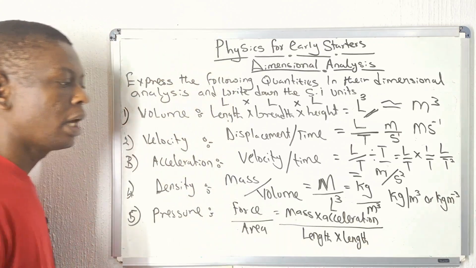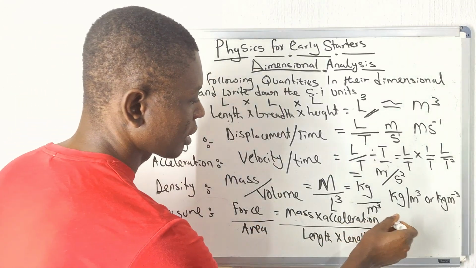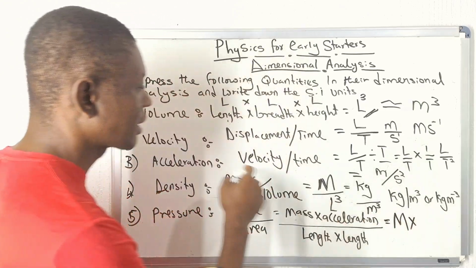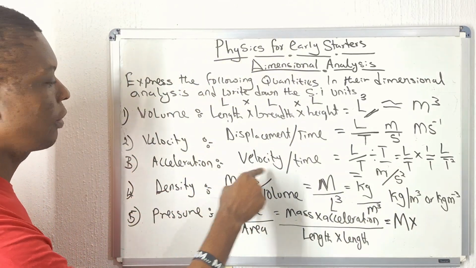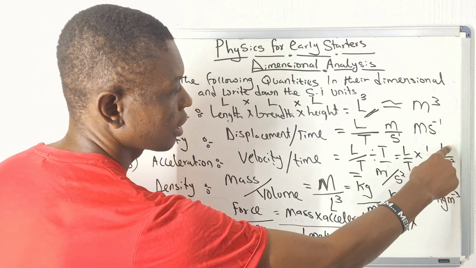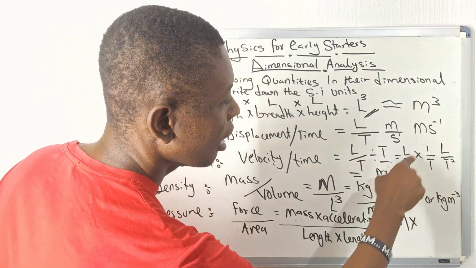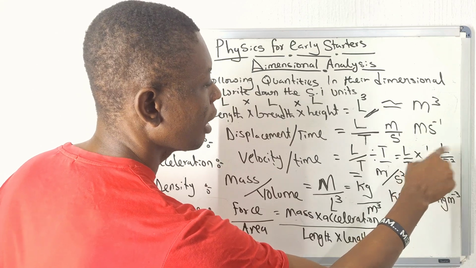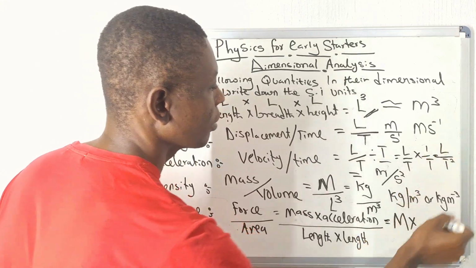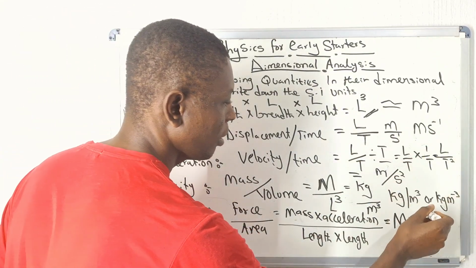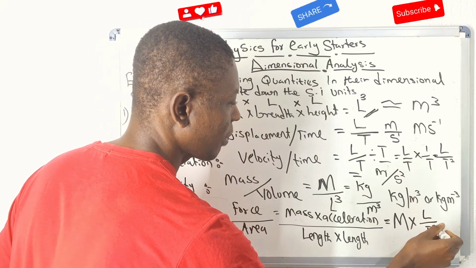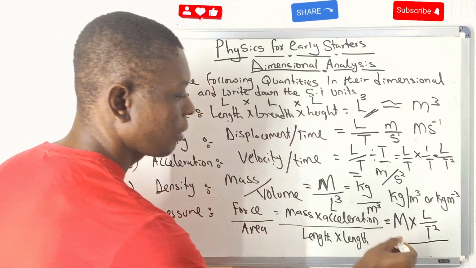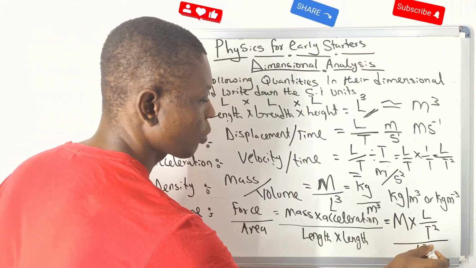Now, mass is represented with capital letter M. What is acceleration? From here we got acceleration. We said acceleration is L over T raised to power 2. Now, all over area. What is area? Area is L squared.